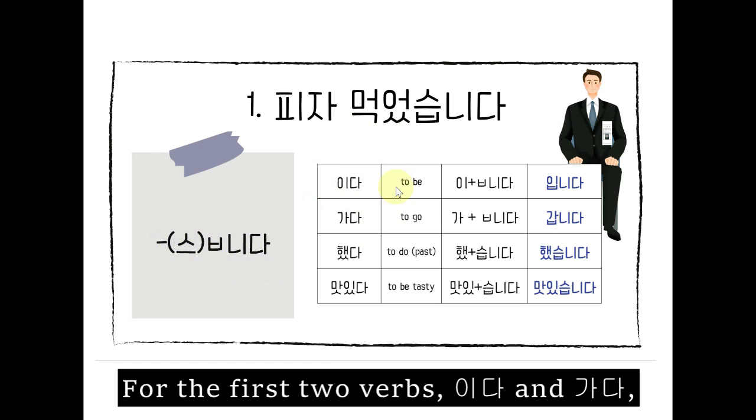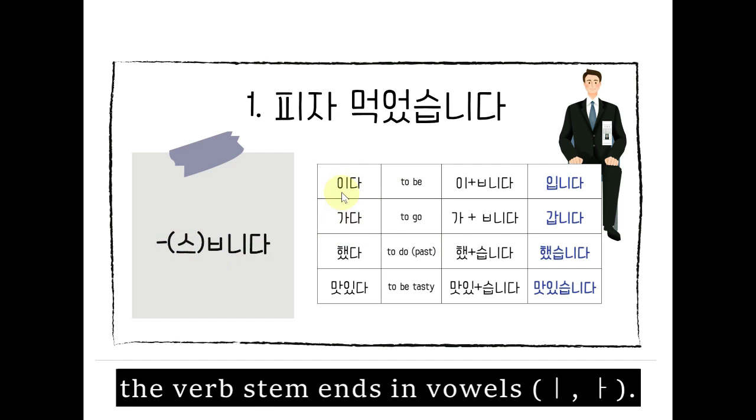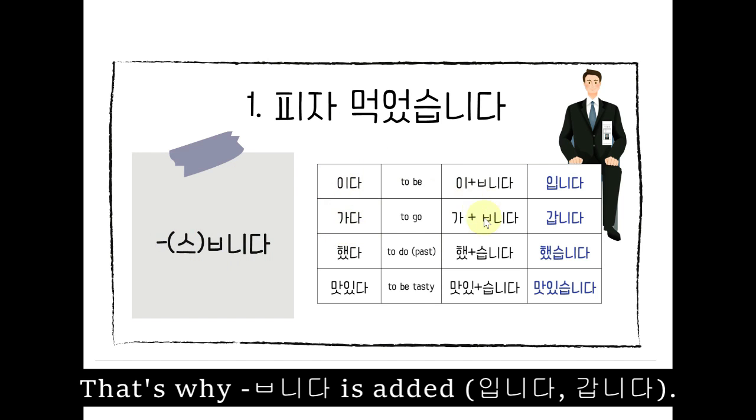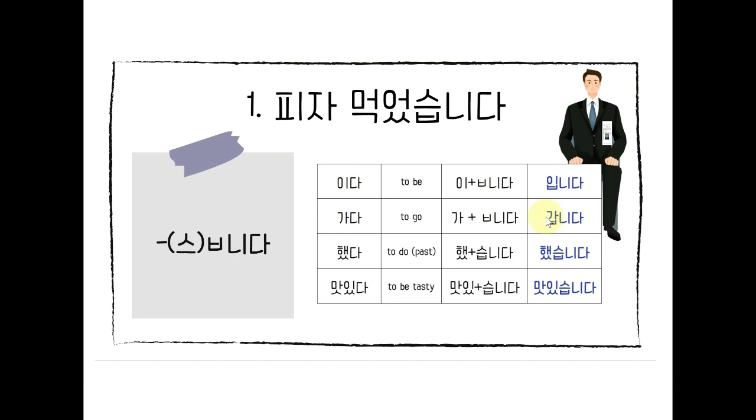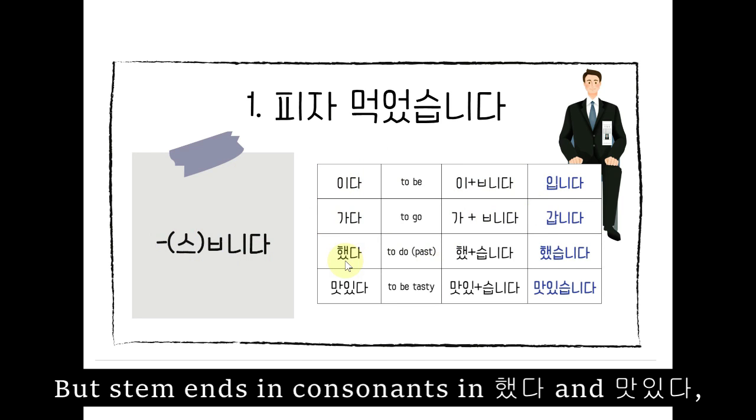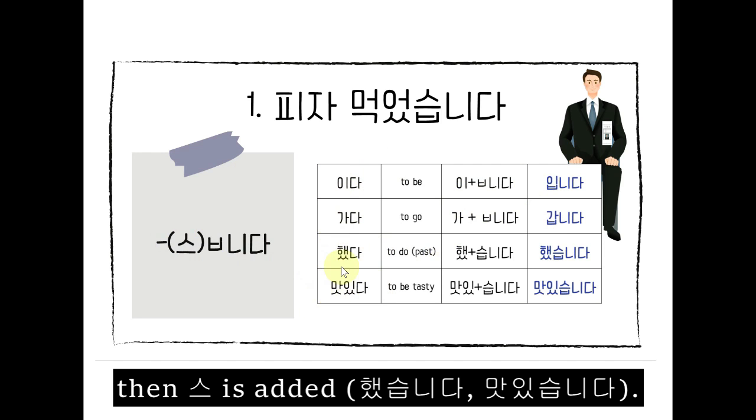For the first 2 verbs here, 이다, 가다, the verb stem end in vowels, 이, 가, so just 비읍니다 is added. Like 입니다, 갑니다. But the stem ends in consonant, like 했다, 맛있다. Then 스 is added. We have 했습니다, 맛있습니다.